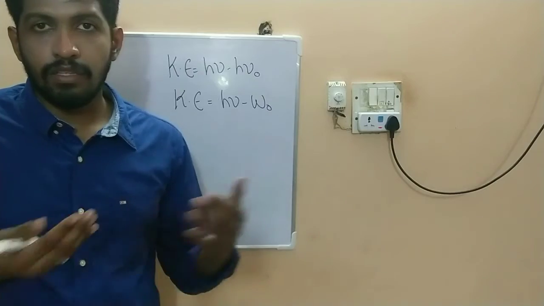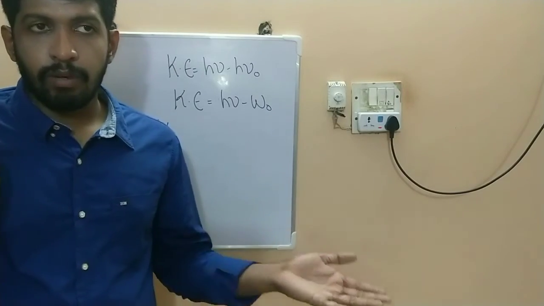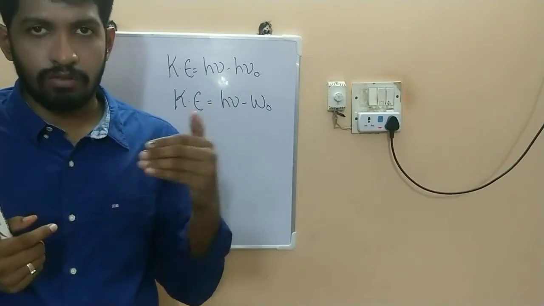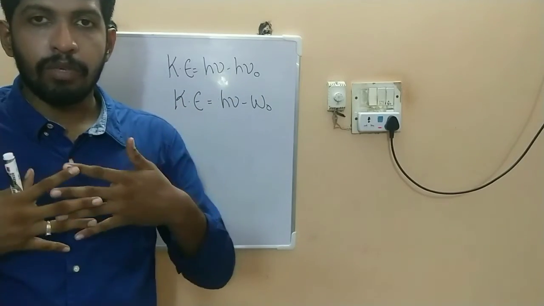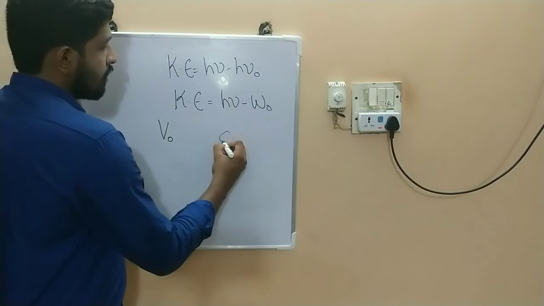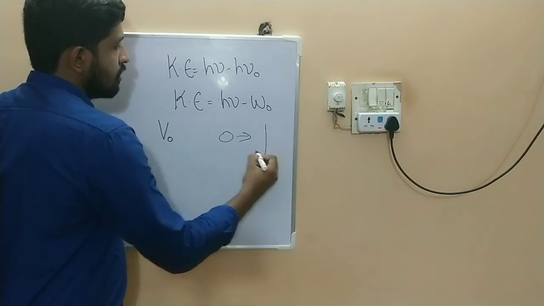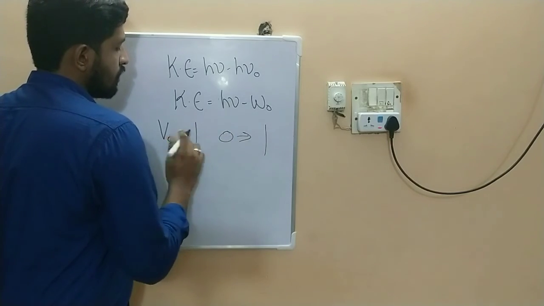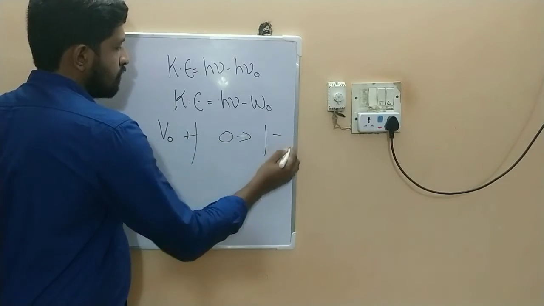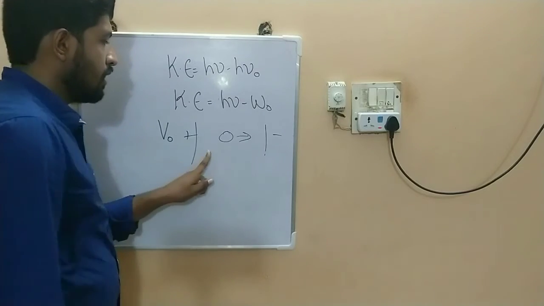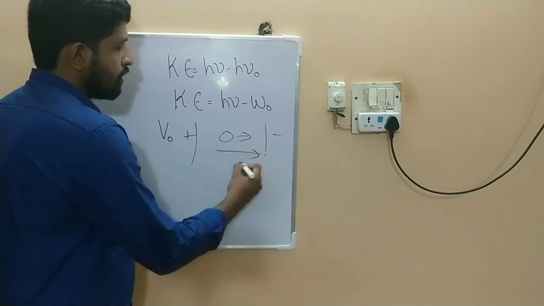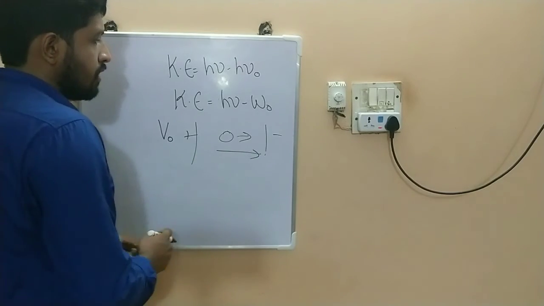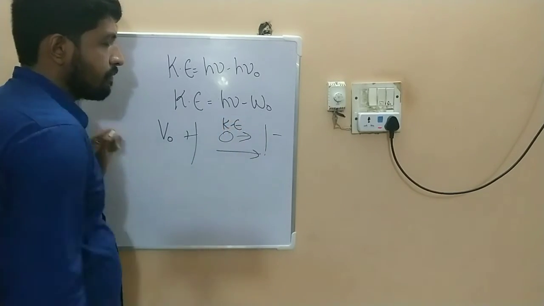The energy given by the potential against the moving electron will become equal to the kinetic energy. Suppose the electron is moving against the reverse potential, positive and negative, opposite to the electric field, with a kinetic energy Ke.